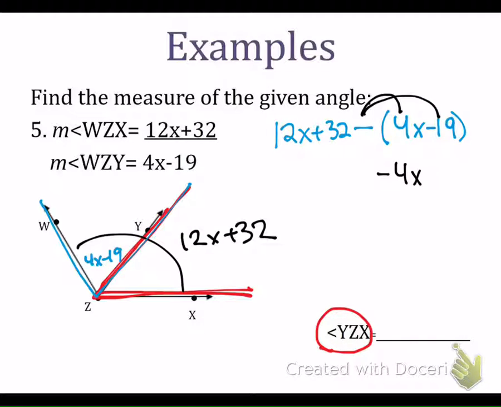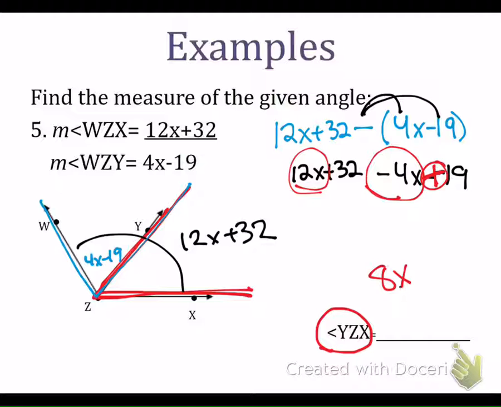You are subtracting negative 19. Those are two minuses stuck together. Two minuses stuck together is like a plus. So if you just want to write that as a plus, you can. What is 12x minus 4x? 8x. So we got 8x. What is 32 plus 19? That's positive, so plus 51.